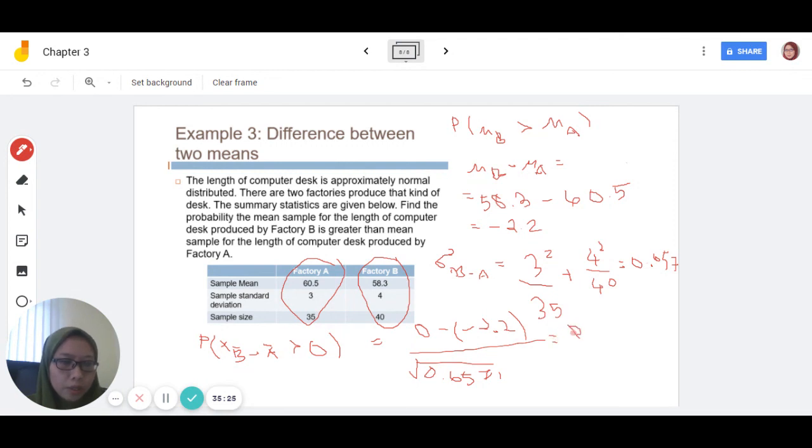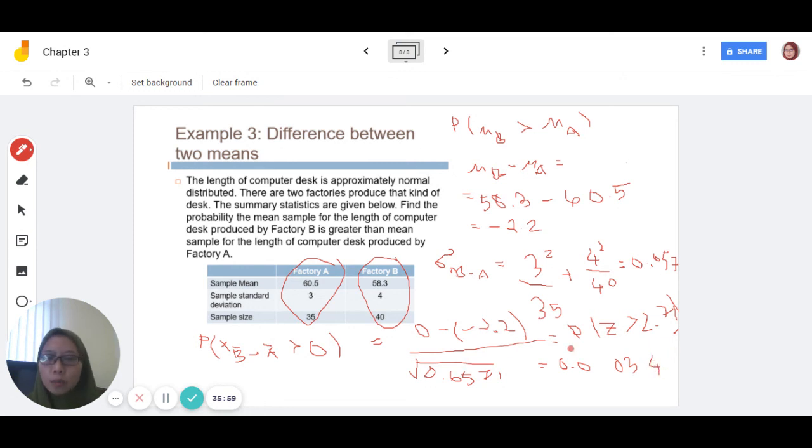The p-value is P of z more than 2.714. You can find from your calculator that P(z more than 2.714) is equivalent to 0.0034.